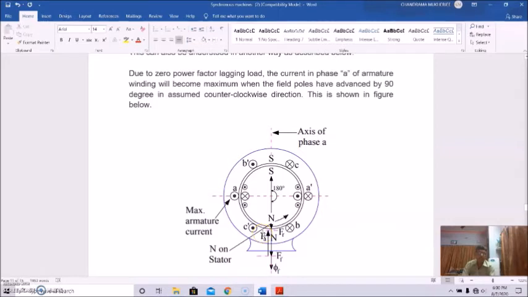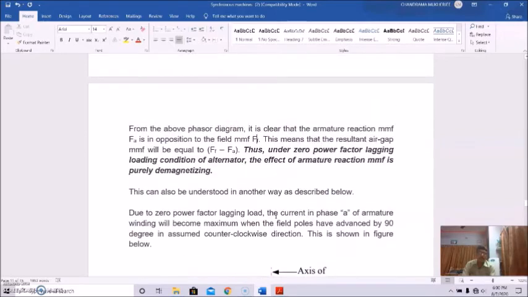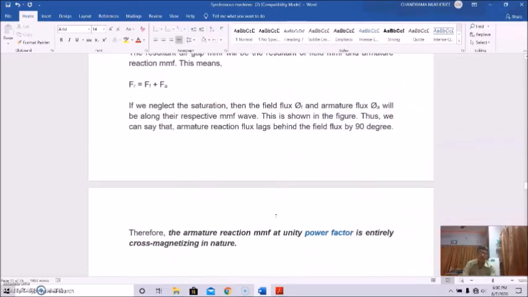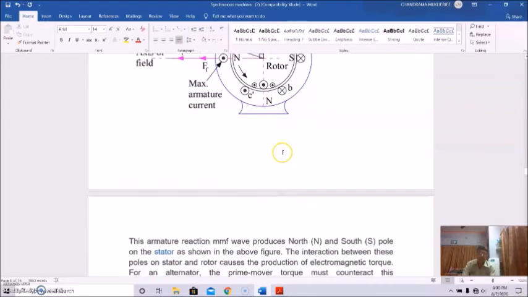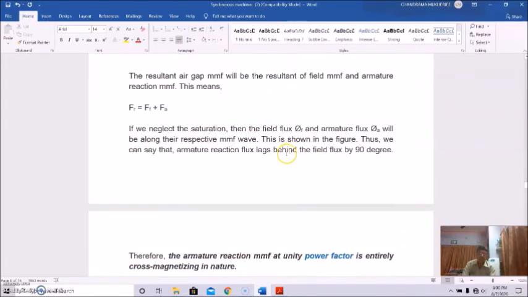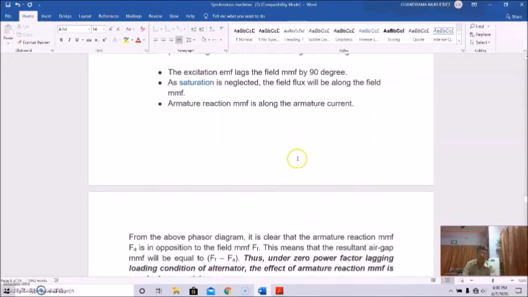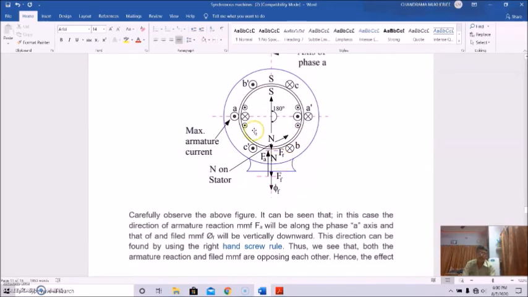Basically this is shown here. If you compare with the earlier one, this is the position of the field poles, this is N and this is S, and here it is like this. So it is advanced by 90 degrees. Previously it was here, now it is here.